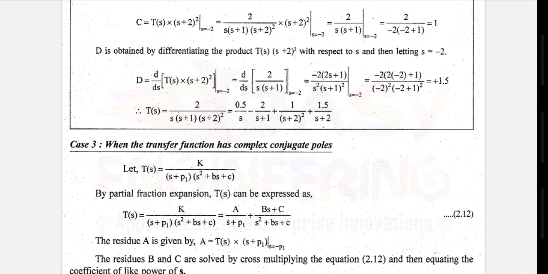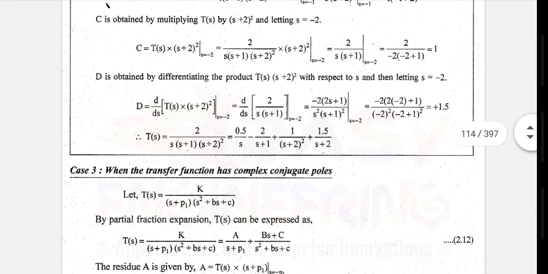Substituting t of s, what is the t of s value? 2 by s into s plus 1 into s plus 2 whole square, into s plus 2 whole square. S plus 2 whole square and s plus 2 whole square get cancelled. So what will be the further equation here? d by ds of 2 by s into s plus 1 at s is equal to minus 2. So do the differentiation for this equation now.